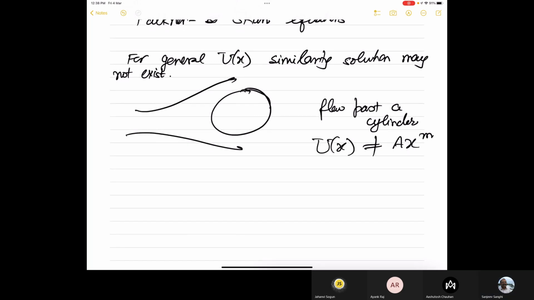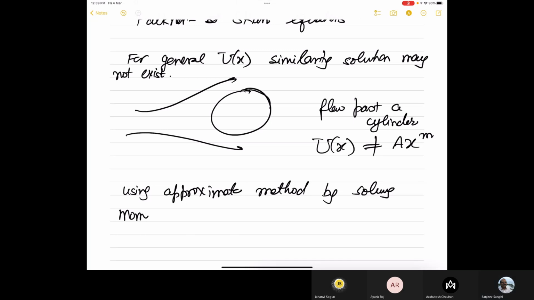In such cases, at least one way of solving these equations is using an approximate method, by solving the momentum integral equation.